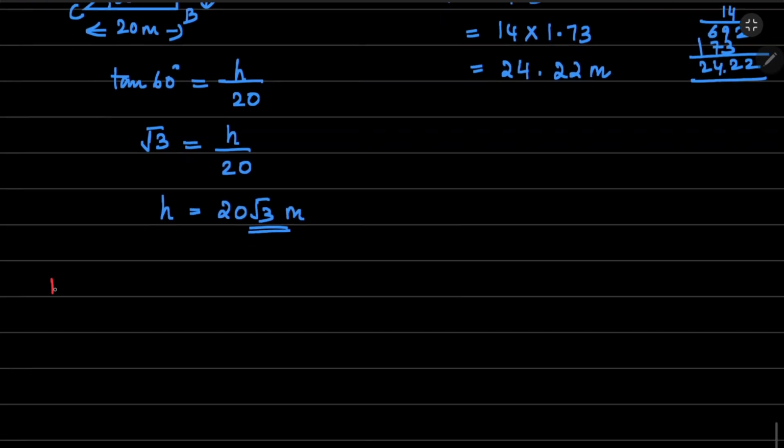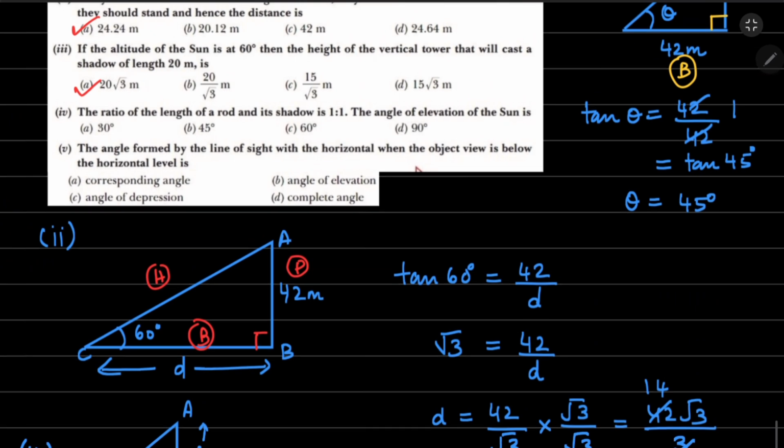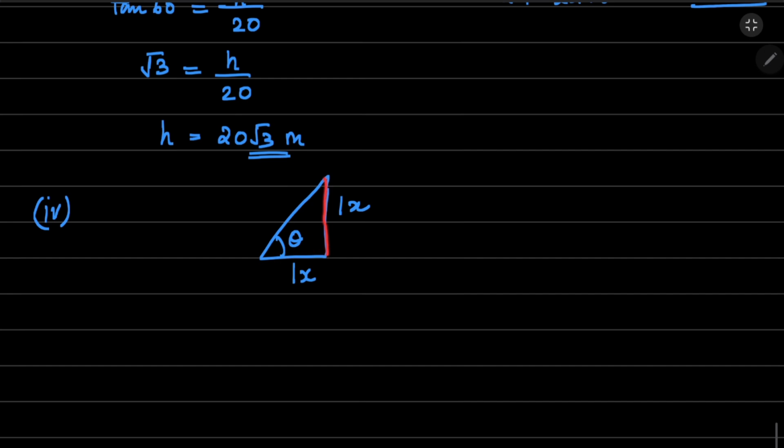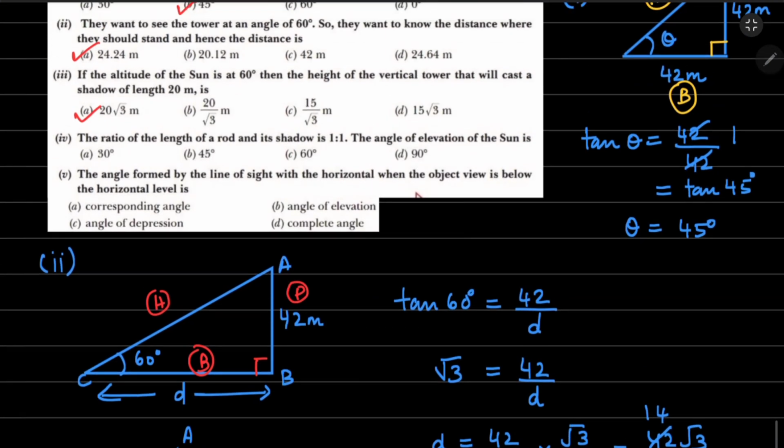So you are given, okay, fourth question. In a right angle triangle, the length of the rod and the shadow, the ratio is 1:1. You have to find what will be your theta. Let's read the question again. The ratio of the length of the rod and its shadow is 1:1.